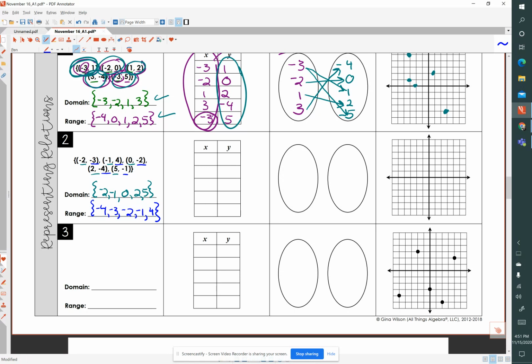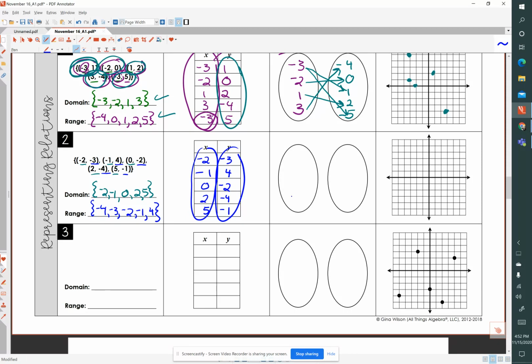Now let's put them in a table of values, which would be -2, -3, -1, 4, 0, -2, 2, -4, 5, -1. So we have 5 distinct separate x values and 5 distinct separate y values.